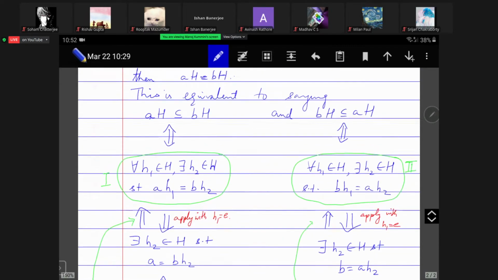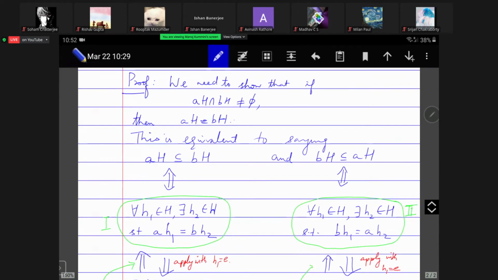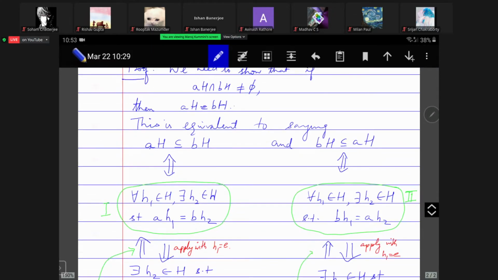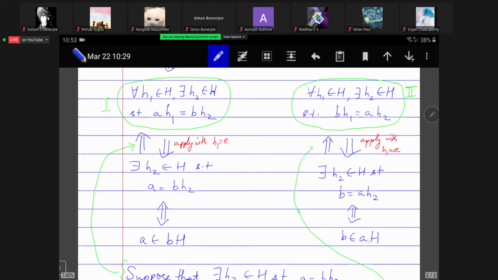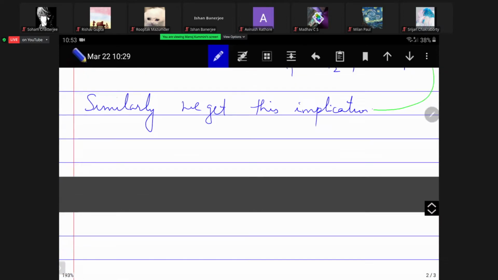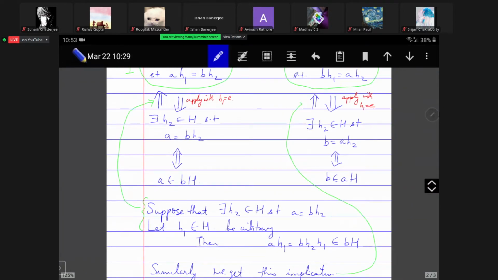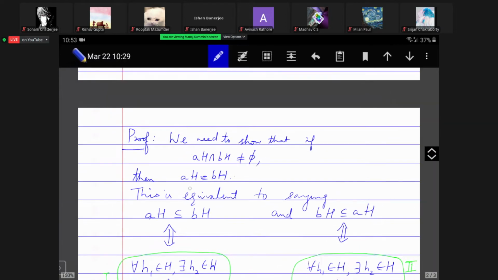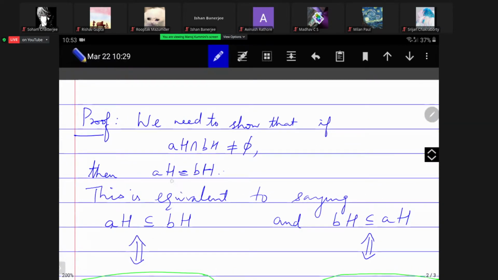So what we need to conclude is that if AH intersect BH is not empty, then these two conditions hold: A is in BH and B is in AH. Why did we have to show the backward direction? We need to show, maybe I should clarify, we have only rewritten this condition.